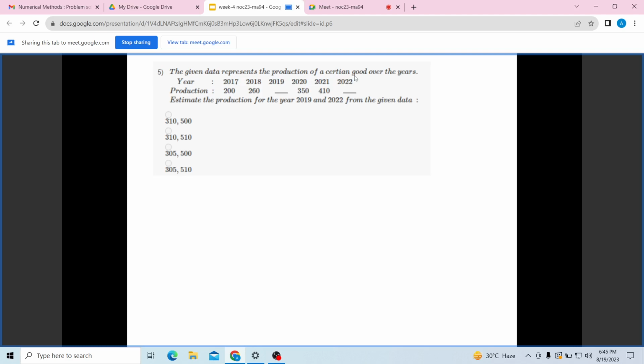Okay, the question that you asked, that if 2 points will be missing, then how to calculate it. So this type of questions can be there. Try to solve it.